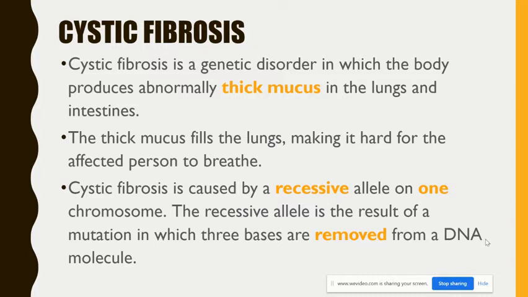It is on our body cells, or the chromosomes in our body cells, which are called autosomes. So it's not a sex-linked trait or disorder. The recessive allele is the result of a mutation in which 3 bases are removed from a DNA molecule, and so it messes up the order and what the message is.